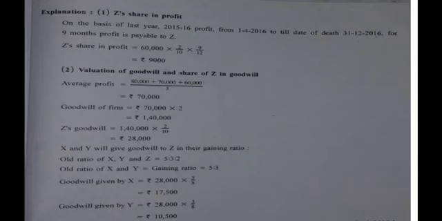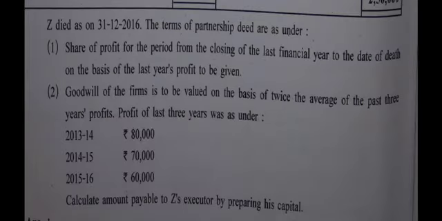I will repeat this. 60,000 is the amount of profit for the previous year. Which is the previous year? 15/16. Why? Because the ongoing year is 16/17. 60,000 is presented here. On this basis, your first adjustment says that the share of profit is to be given till the date of death on the basis of last year's profit.